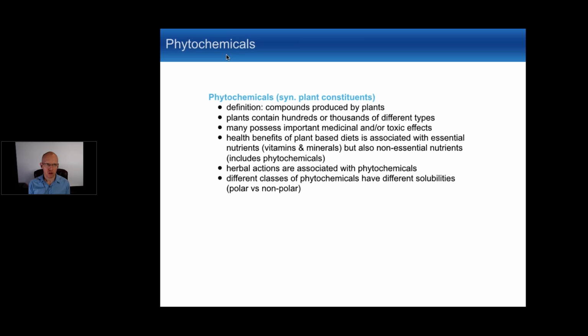And so a lot of the phytochemicals that we're going to describe, they're found in herbs, but they're also found in common fruits and vegetables that we consume in our diet. As I mentioned, herbal actions are always going to be associated with some type of phytochemical.